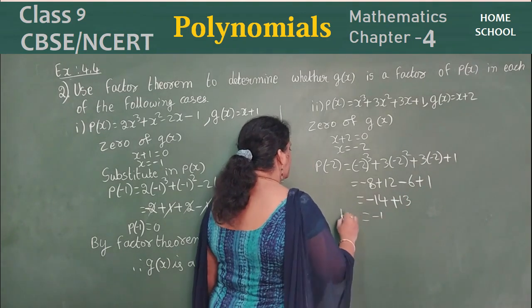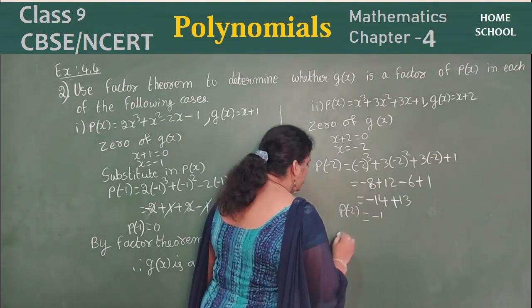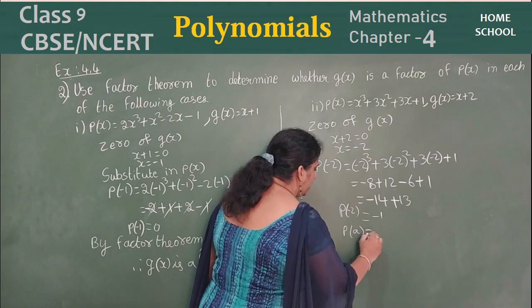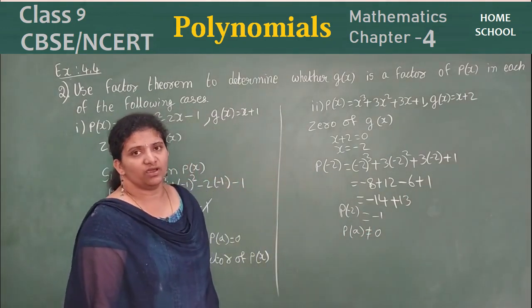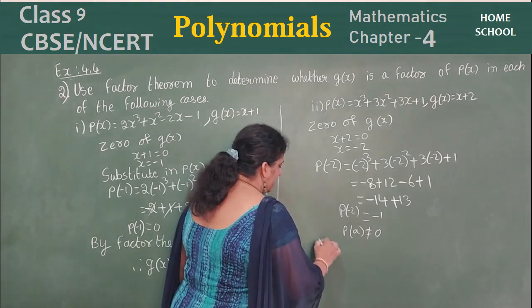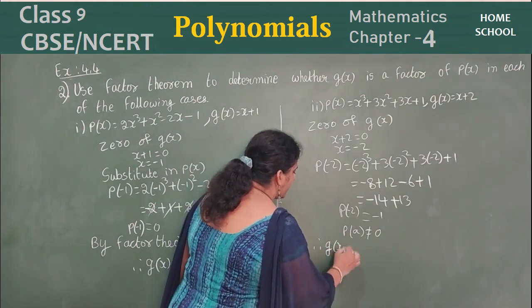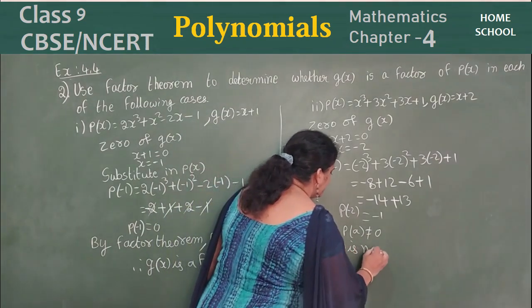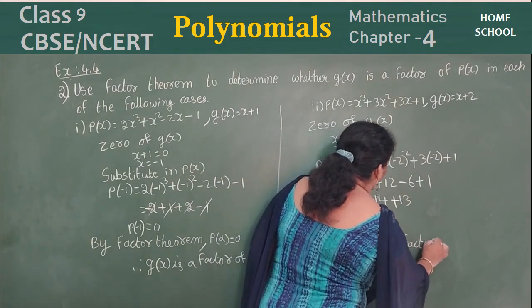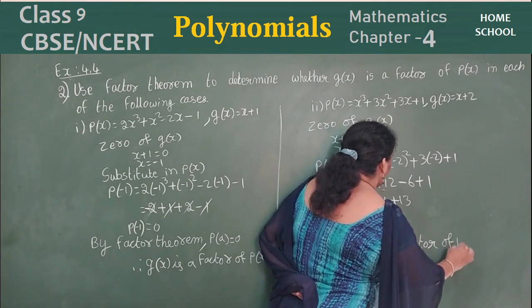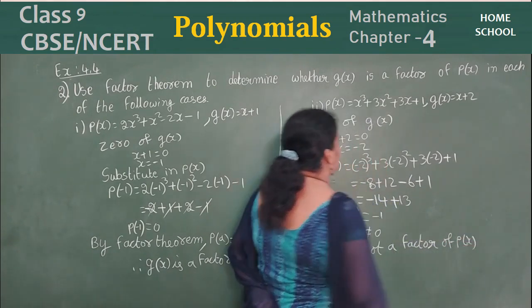So what you are getting here? You are not getting 0. Therefore, P of A is not equal to 0. Therefore, by factor theorem, what you can say? Therefore, G of X is not a factor of P of X.